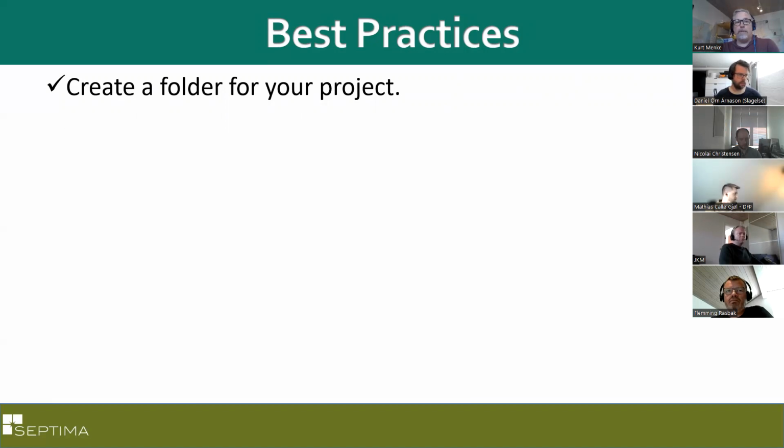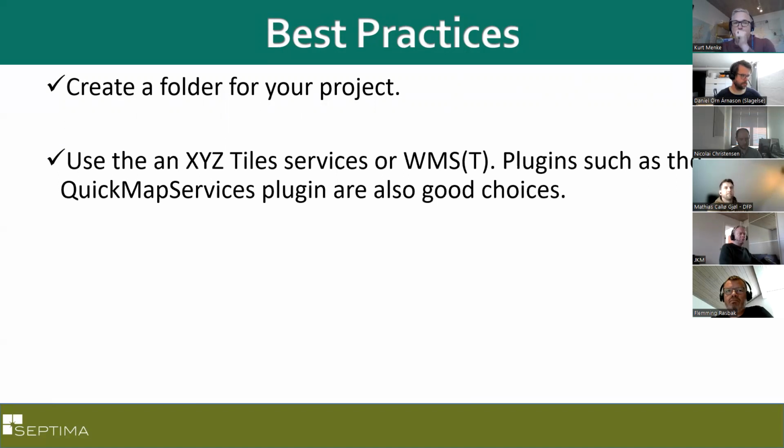So we're going to start with that, just creating a folder today. If you're going to want background maps, XYZ tile services or WMS, WMTS services are fantastic. So here in Denmark, you can use the base maps that come with Dataforsyningen, for example, to use as base maps.